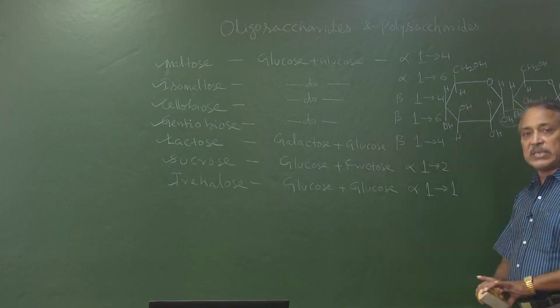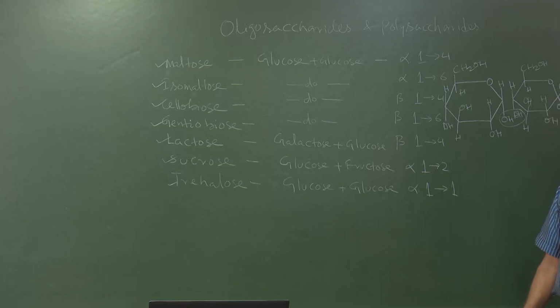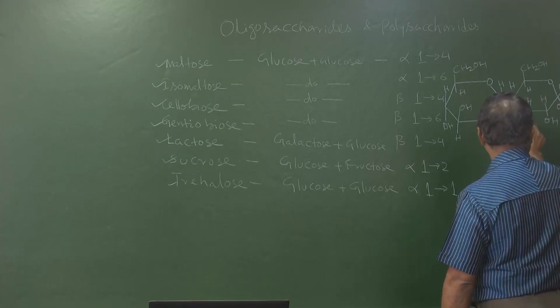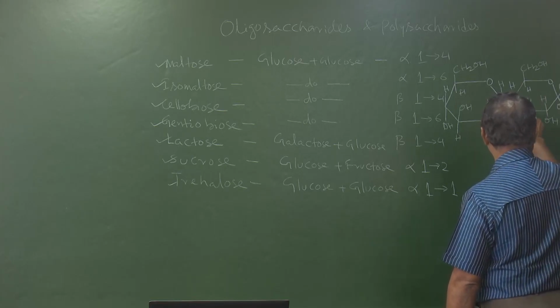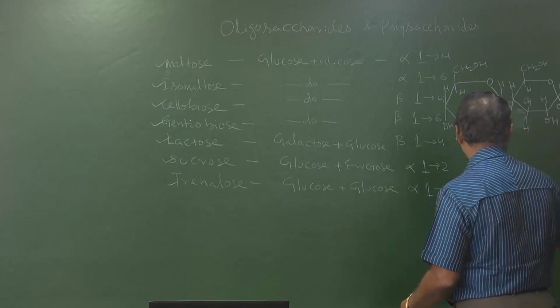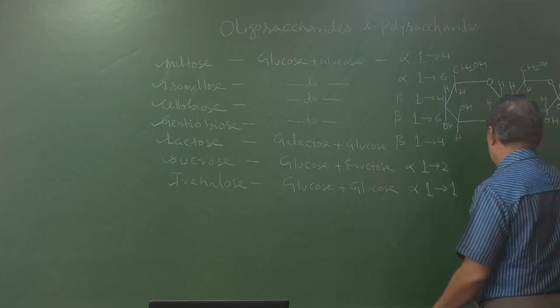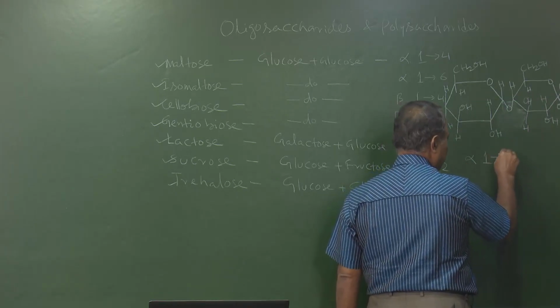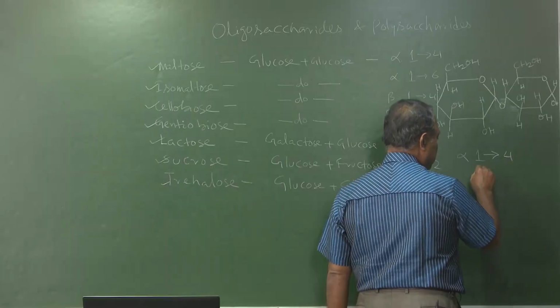I have told you what glycosidic bonds are. As I have already explained how we give this glycosidic bond, now this will be an alpha 1,4 glycosidic bond.